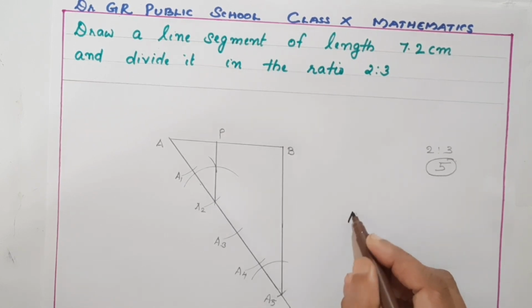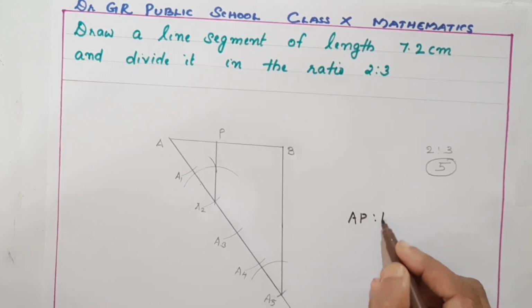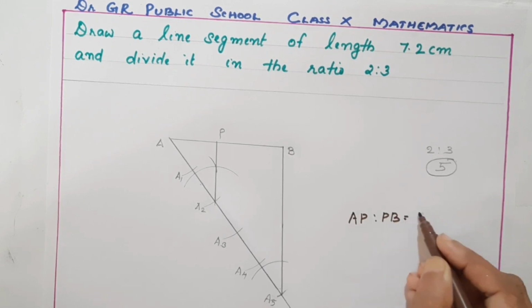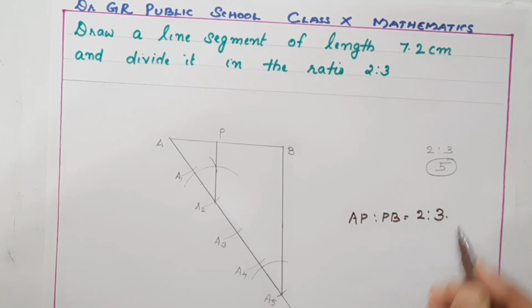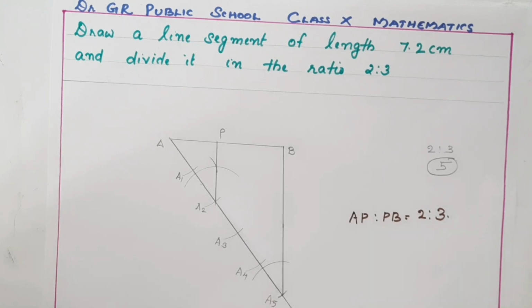So we can write now AP is to PB equal to 2:3. Okay. Now sometimes you will get the question to measure AP and PB. If it is asked like this, you have to measure AP using the ruler and then PB. Then you have to write the answer here.